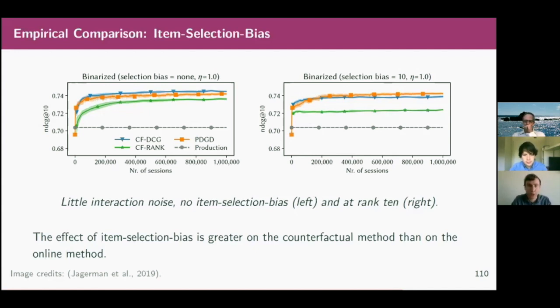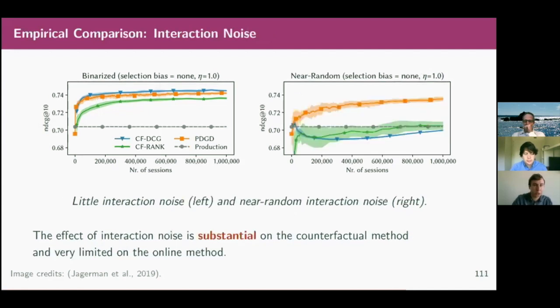All right, so moving on. In this next part, we also compared interaction noise. In the tutorial so far, we've seen that, for example, for the counterfactual methods, the theoretical results still hold even if there is interaction noise. Here in this comparison, what we are actually seeing is that the counterfactual methods suffer a lot when there is a lot of interaction noise.